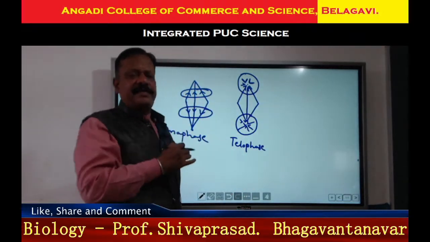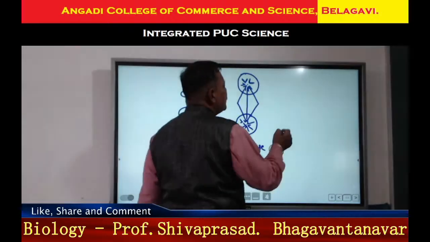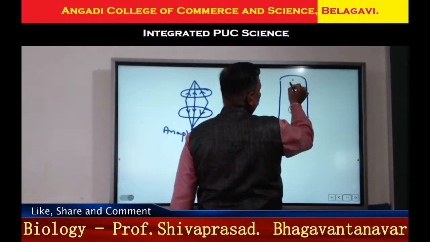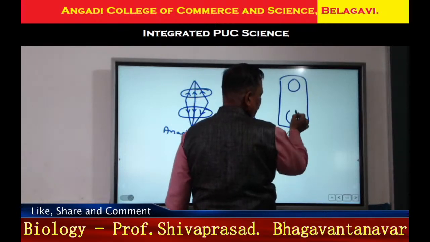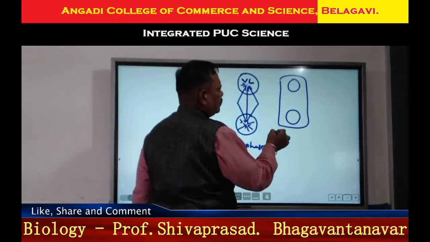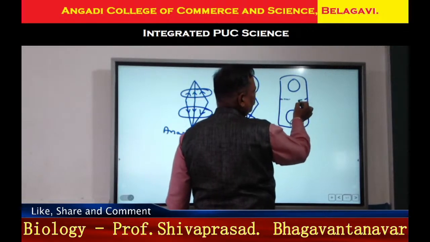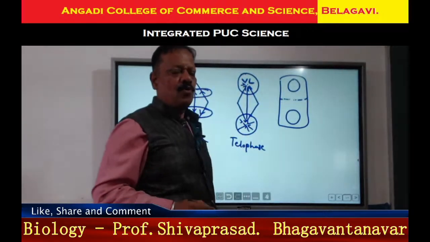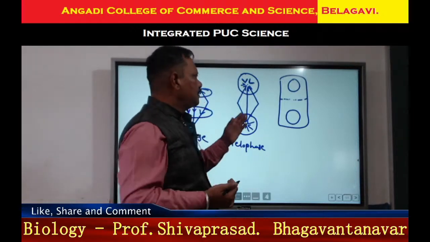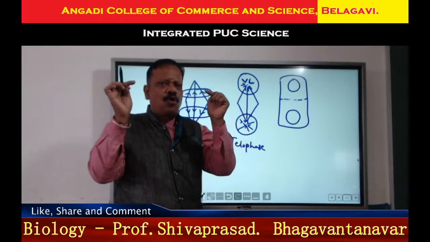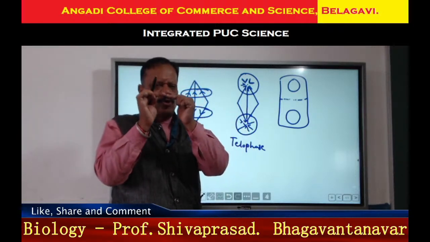Then after telophase, here, if suppose this is the cell, the chromosomes are forming two bundles. Now, cytokinesis is taking place. From the periphery, the notch will be formed, and that notch slowly moves to the center and joins.